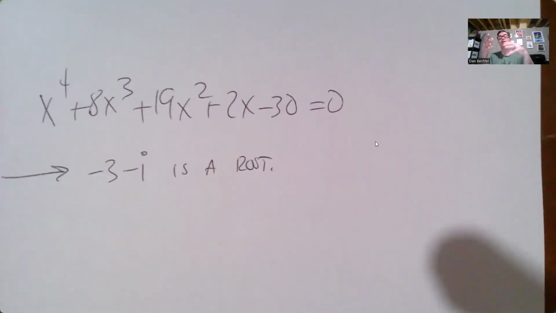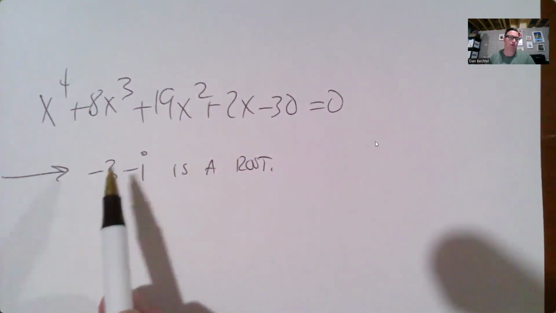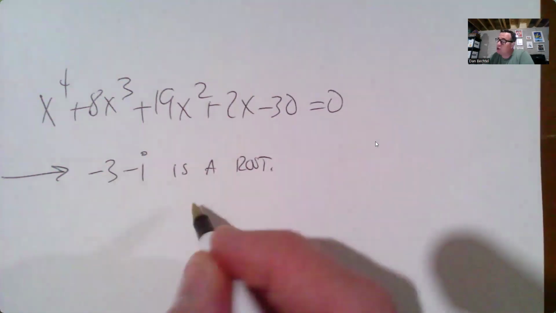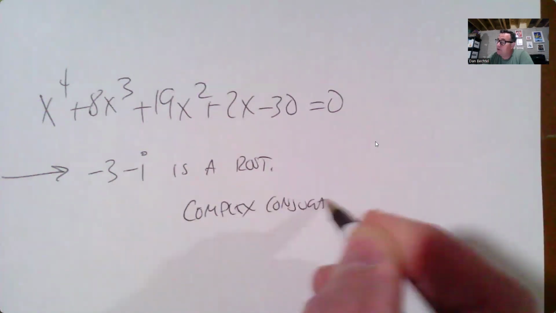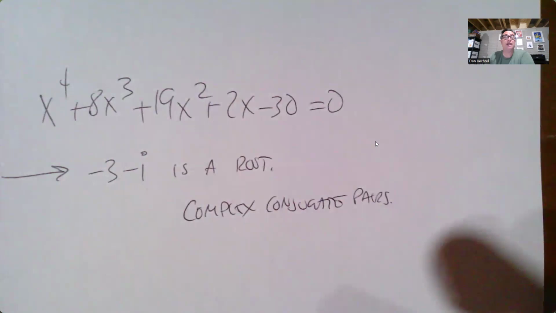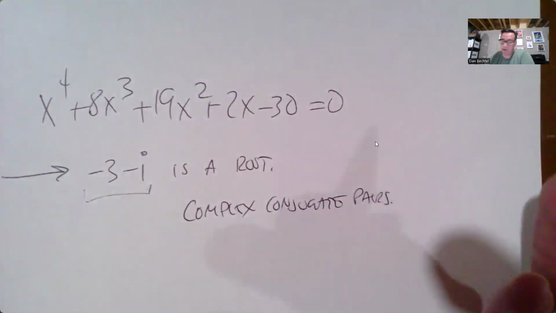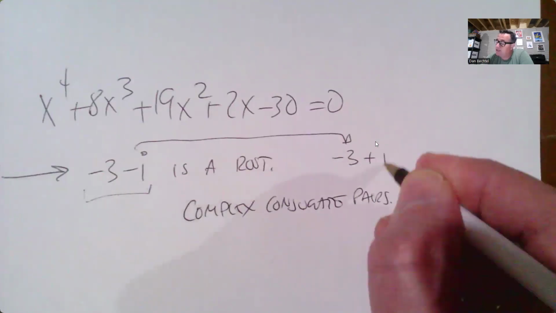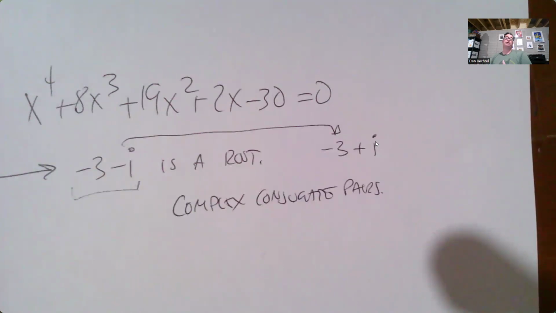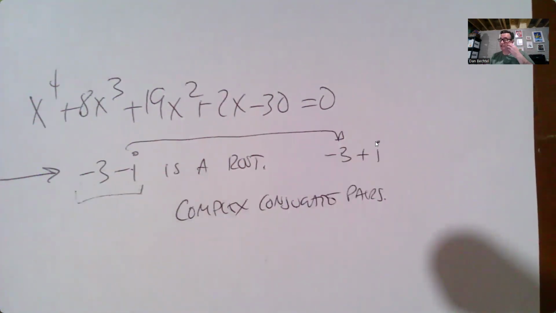When we talk about the roots that exist for polynomials, if I have an imaginary, or they call this complex because we have a real part and an imaginary part, these occur in complex conjugate pairs, which would mean that if this one is a root, and it is, then its conjugate would also have to be a root, negative 3 plus i, because these come from us doing the quadratic formula. Since all of those involve that plus or minus part, we are going to be getting more than one of these.